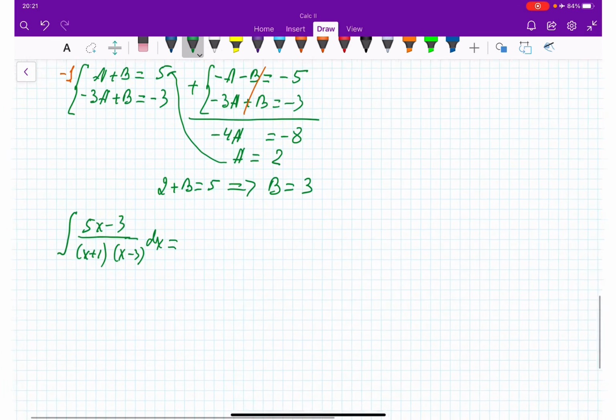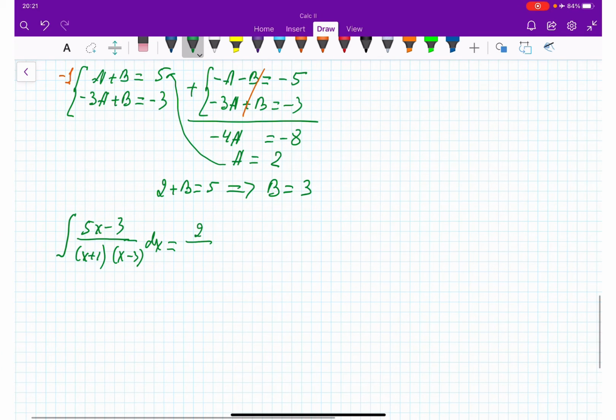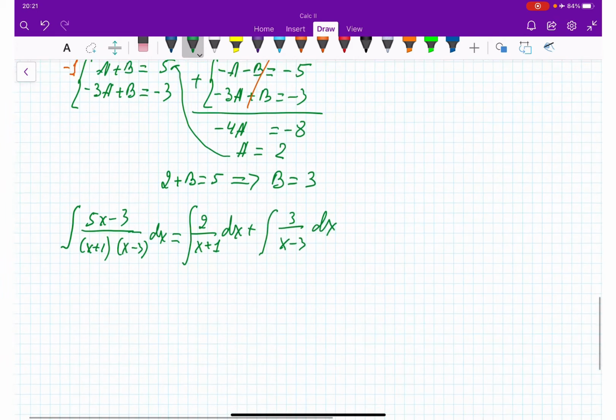It's going to be, a is 2, the integral of 2 over x plus 1 dx, plus the integral of 3 over x minus 3 dx.